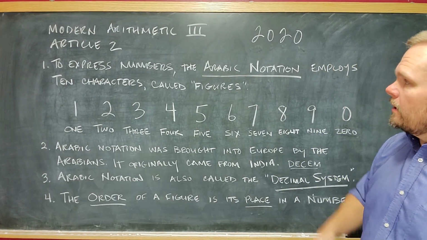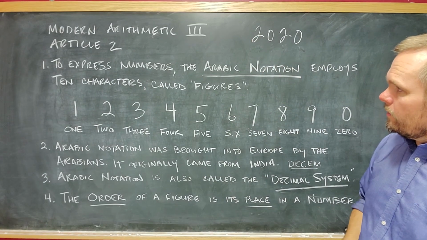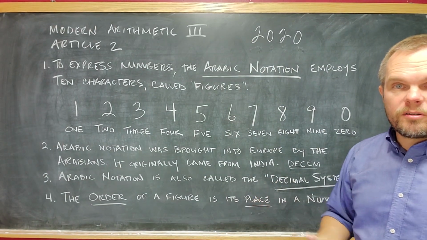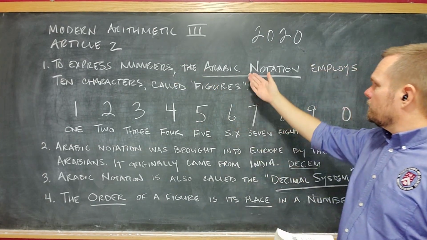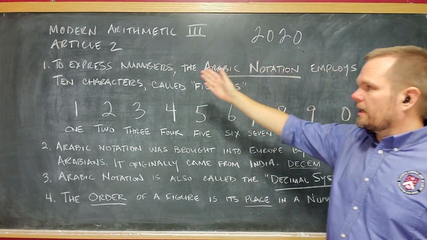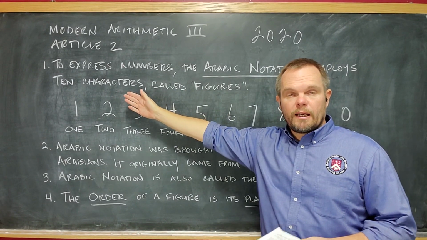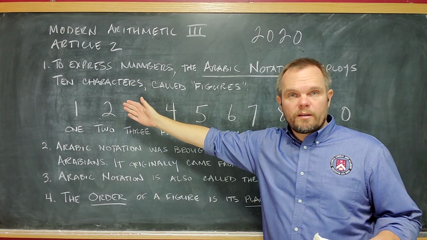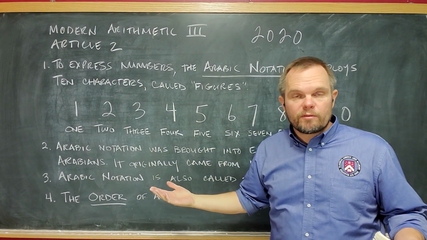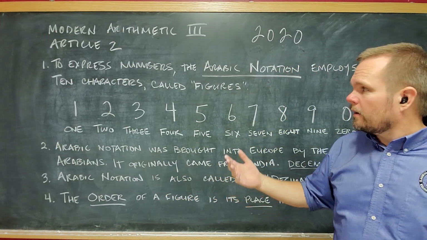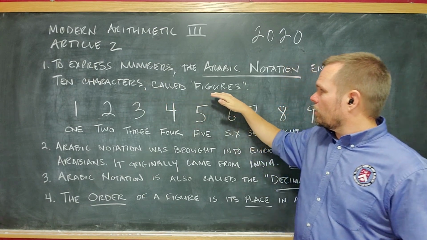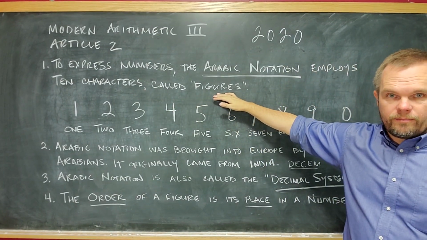All right? Now we can quickly review this and wrap up Article 2. To express numbers, the Arabic notation employs 10 characters, and we explained why that's important, because we only need to know 10 different figures or 10 different symbols to write any number. And these 10 characters are called figures.